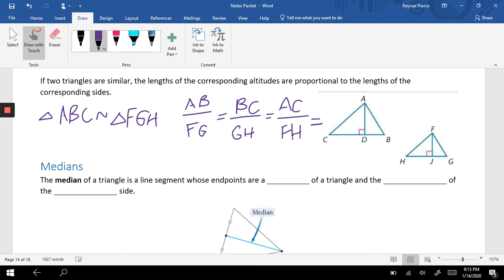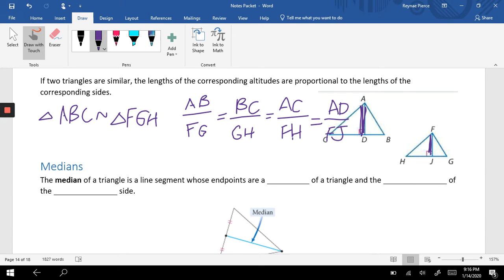But now in this section we can add that the altitude AD is also proportional to altitude FJ in that same ratio that our segments are in.